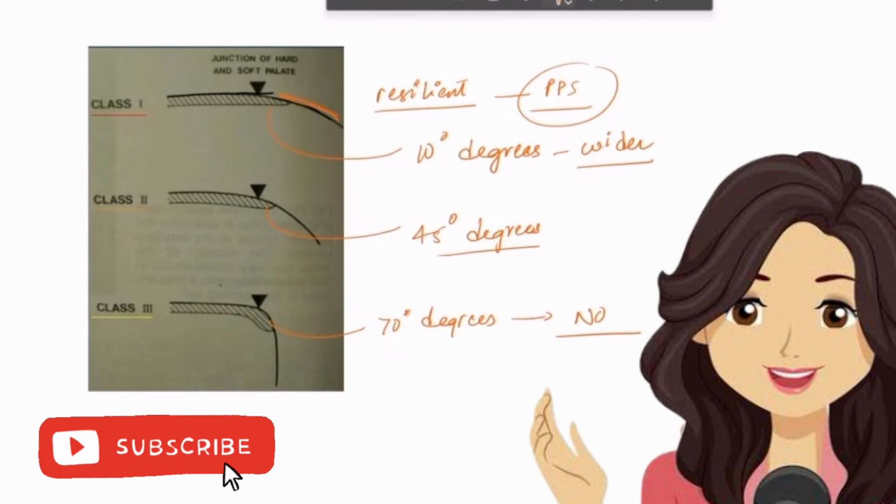There is always a confusion between class 1 and 2 because it falls somewhere in between. But with experience, you can learn the different grades of soft palate junction. And from the first step, you can identify whether I'll be able to damp the area and get retention out of it. Damping means applying pressure within physiological limit so that you get a posterior seal and good retention with your denture.